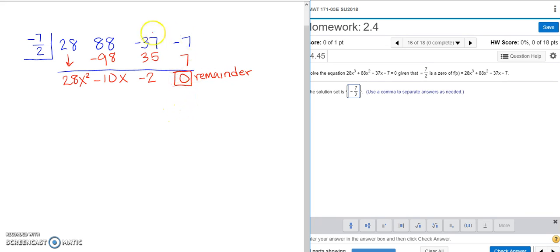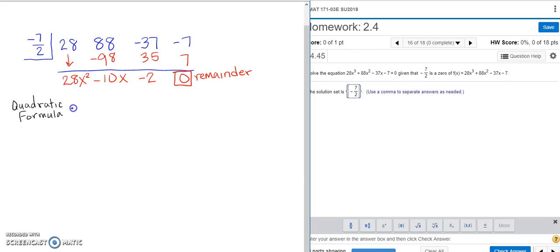The nice thing about quadratics is even if you hate factoring, you can use the quadratic formula. So that's kind of the whole goal, is to reduce the polynomial until you get to a quadratic, because we have more options with quadratics.